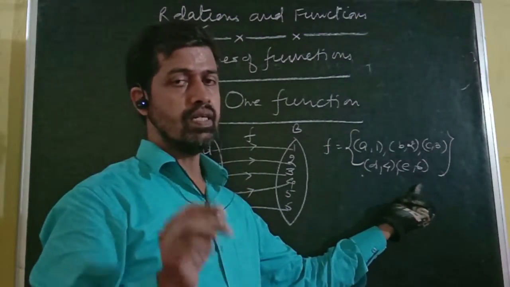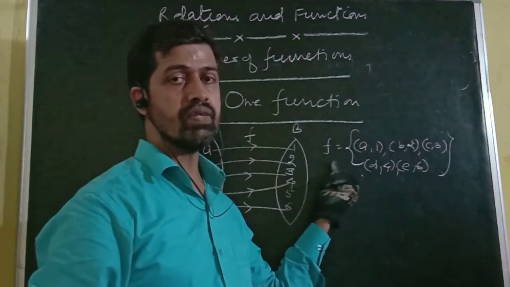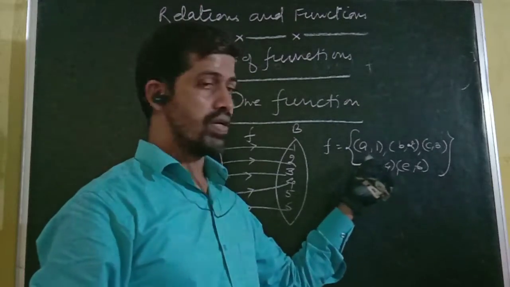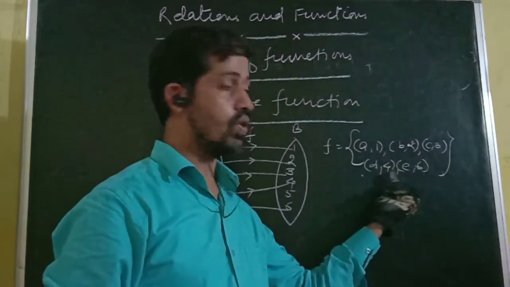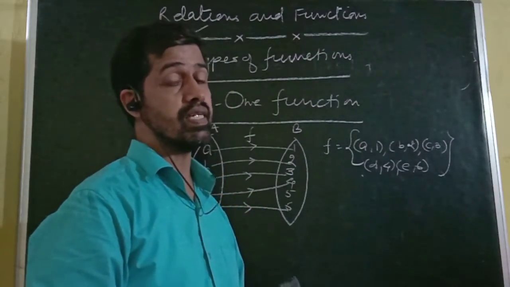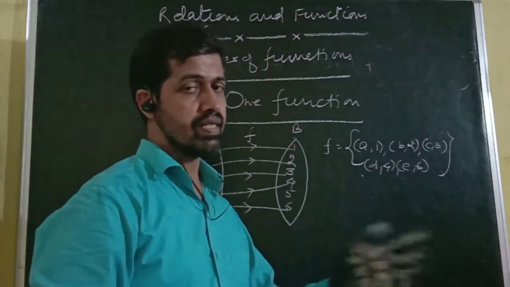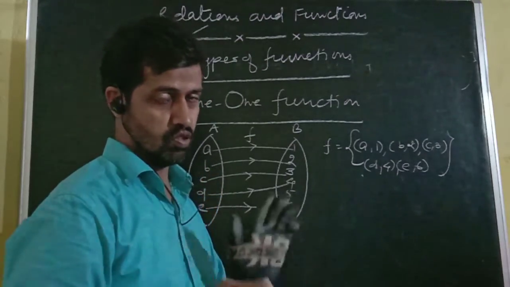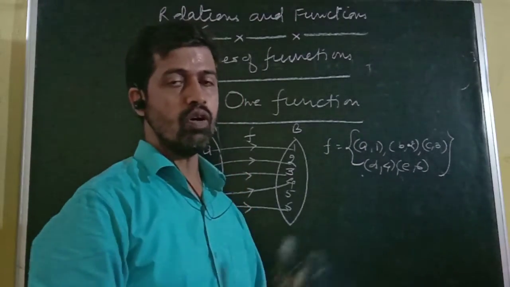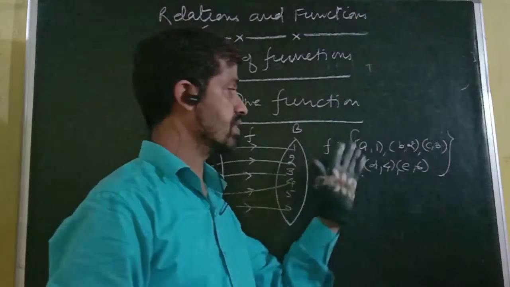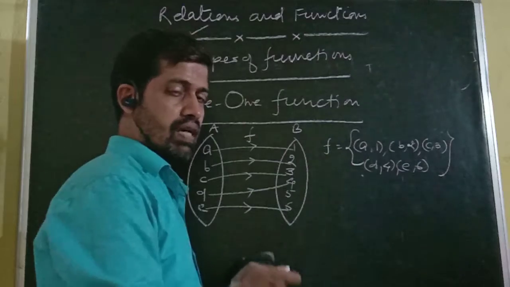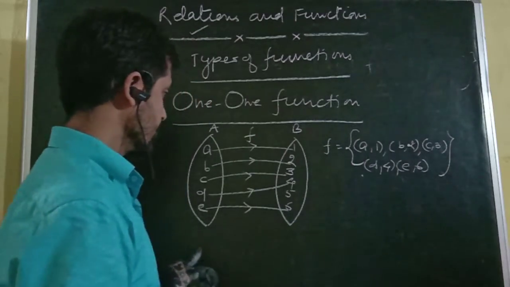Do remember that if it is a one one function, then the second element is not repeated. And if the second element is repeated, then we say it is not one one, rather it is a many one. Hope the concept is clear. So in one one function, in the form of ordered pair, the second element is not repeated. That's how we can easily find out whether it is one one or not.